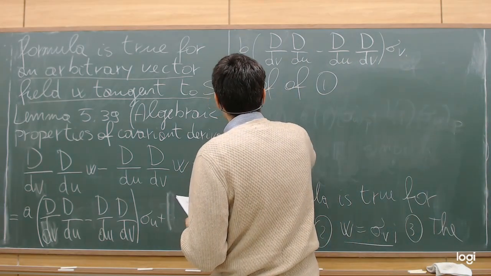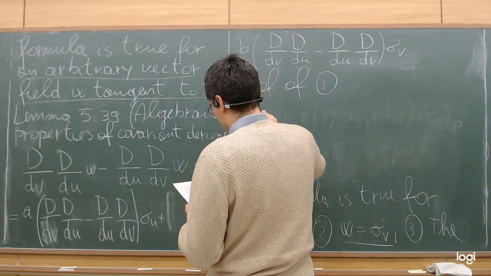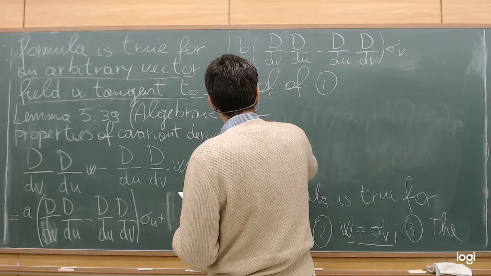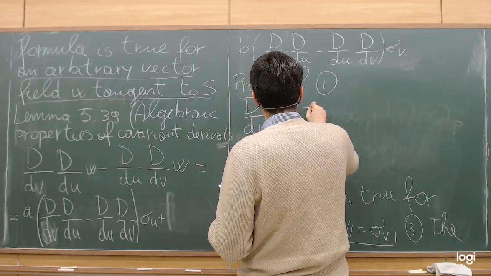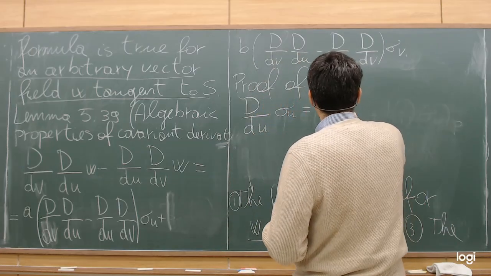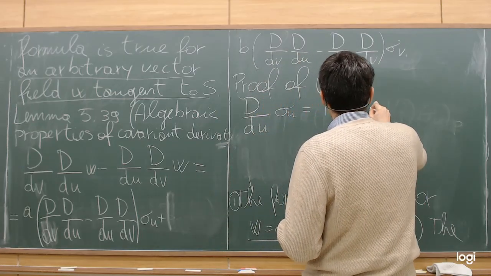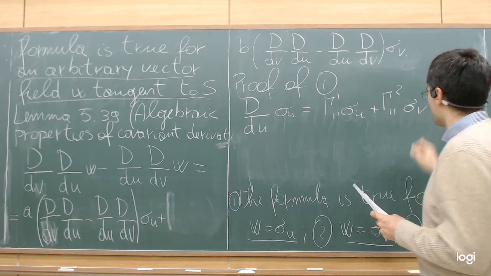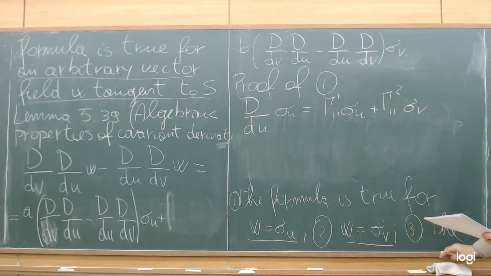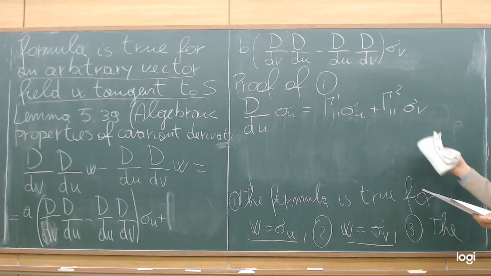We start from the fact that d_u of sigma u can be written as gamma 111 sigma u plus gamma 112 sigma v. This follows from the definition of Christoffel symbols.